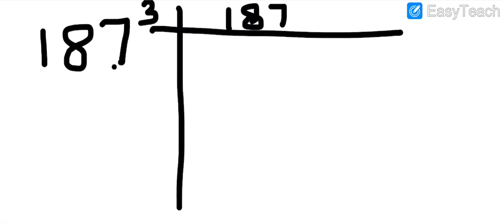Since 3 cannot divide it, we'll check 5. Even 5 is not going to be divisible since the last digit is 7, it's not 5, it's not 0. We'll go with 7. 7 does not go into 187. We move on to 11. So 11 can be the answer here. So we'll check.